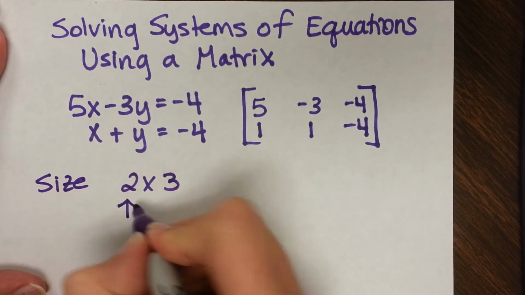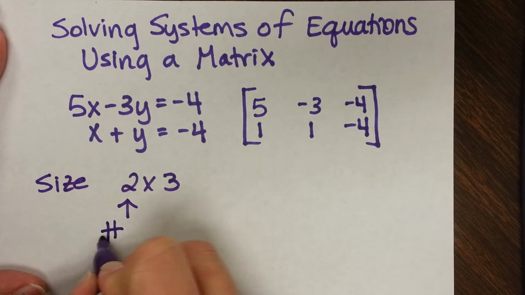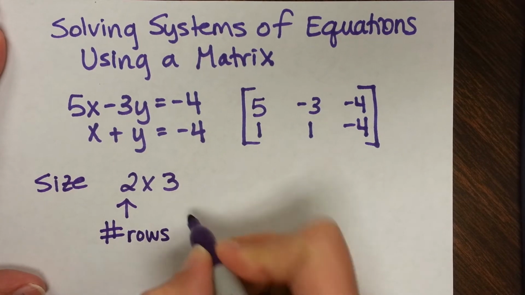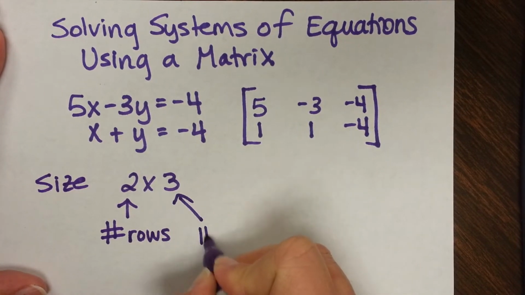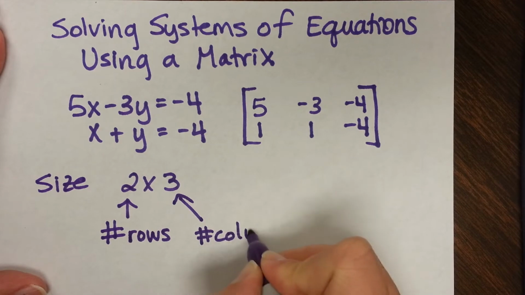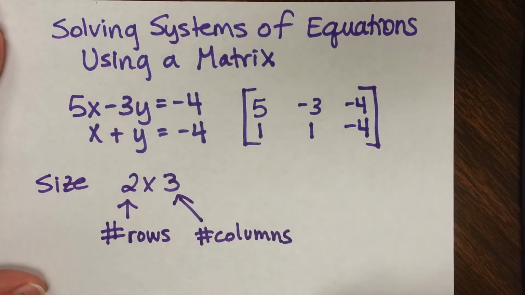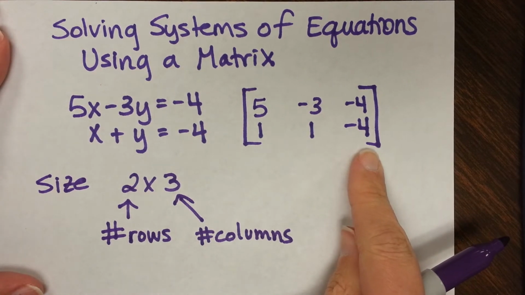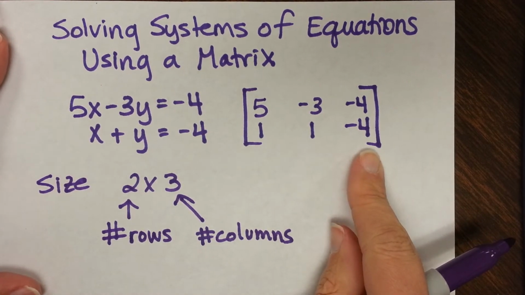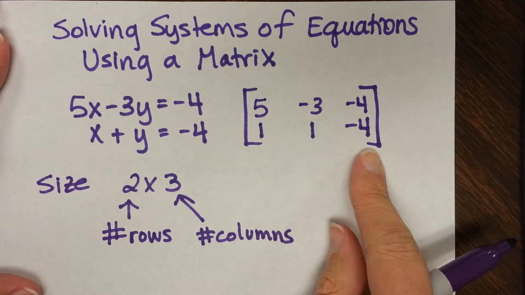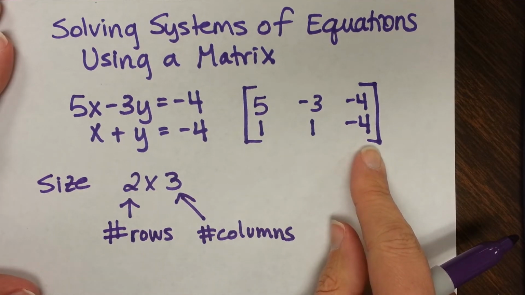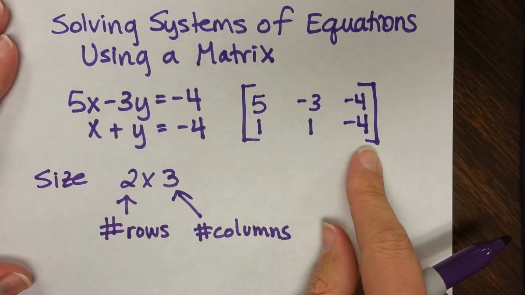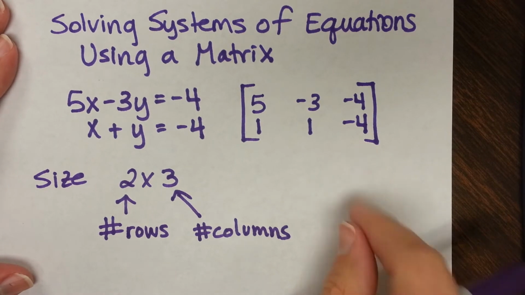The 2 is for the number of rows, and the 3 is for the number of columns. For some things, the size has to be exactly the same, like when we're adding 2 matrices together or when we're subtracting 2 matrices. Other times, the size doesn't have to be the same, but there do have to be special requirements. We'll talk more about that later.